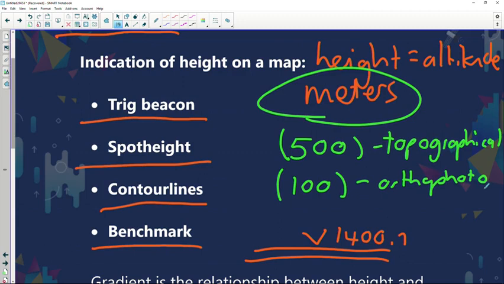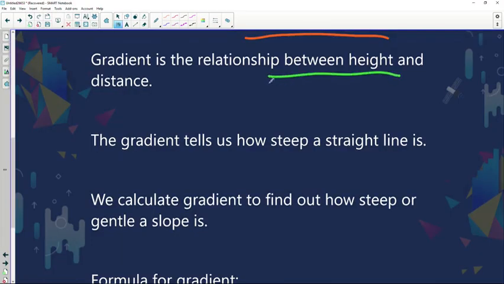So once we calculate, if you look at gradient, we want to see over which distance the gradient increases. Keep this in mind: when we calculate meters on a topographical map, 500; on an orthophoto map, 100. Let's continue looking at what the gradient tells us. It's a relationship between height and distance. How do we calculate distance in meters? 500 on a topographical map, 100 on an orthophoto.